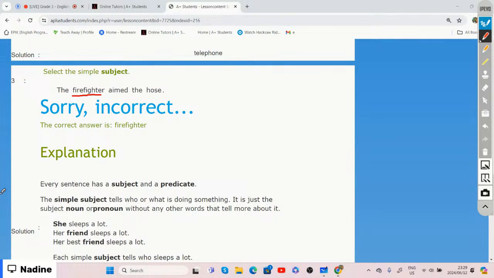It tells us that the firefighter aimed the hose. So only the noun, not any other words that come with it. So firefighter is our subject. That is our simple subject, only the noun.